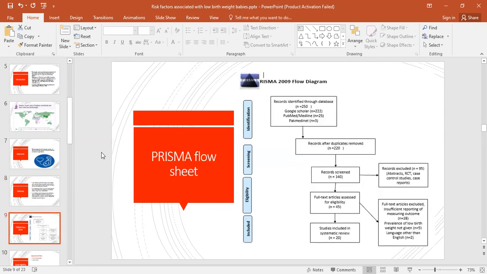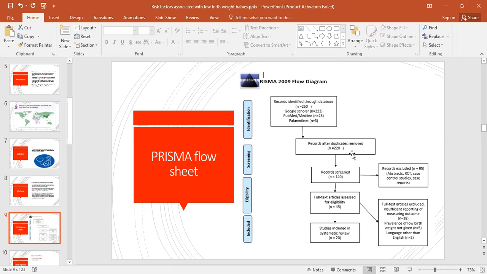This is the PRISMA flow diagram, and the records identified through these databases are total in number. There are 250 from Google Scholar, 222 from PubMed, and 3 from PakMediNet articles, and records after the removal of duplicates are 222 in number.